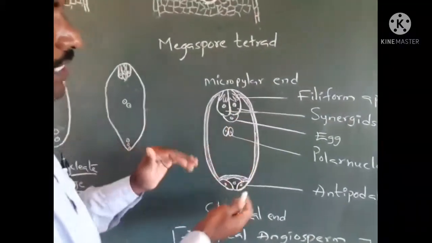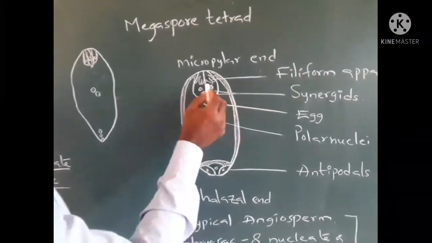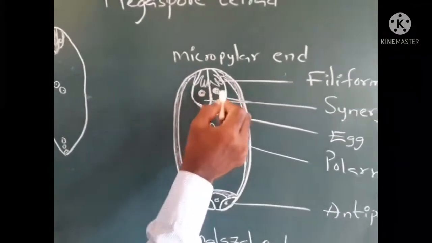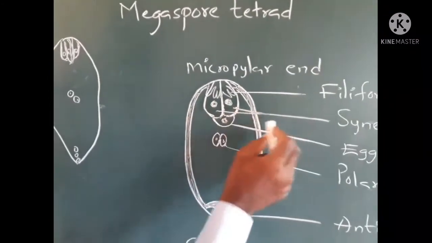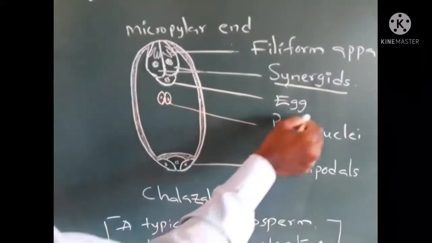Out of the three nuclei at the micropylar end, two form synergids and one forms the egg cell.